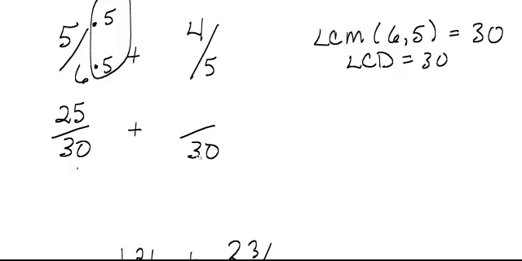In order to get 30 here, I have to multiply 5 by 6. And I can do that as long as I multiply 4 times 6, which would give me 24. And now, just as before, I add the numerators and keep the same denominator. So I get 49 over 30.